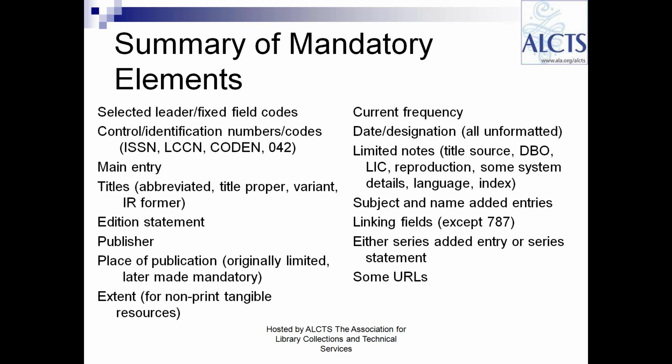So one of the principles that we looked at, and we looked at a number of principles, was that the bibliographic record we were creating could focus on access, and that some elements of description were more appropriate in an authority record rather than in a bibliographic record.